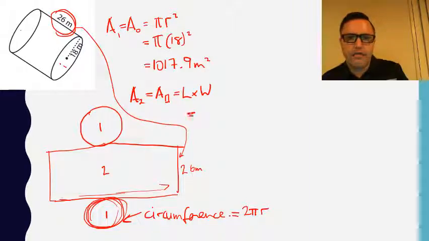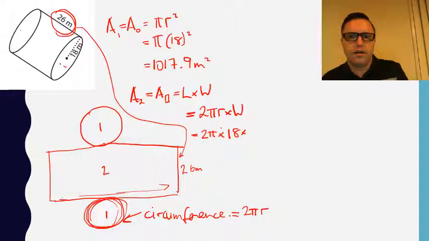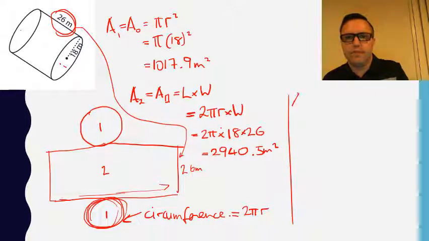So this will be equal to 2 pi r times the width. So that'll be 2 pi times 18 times 26, which is equal to 2,940.5-ish meters squared.